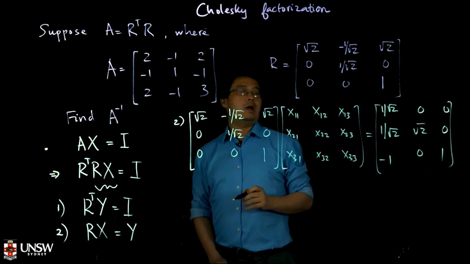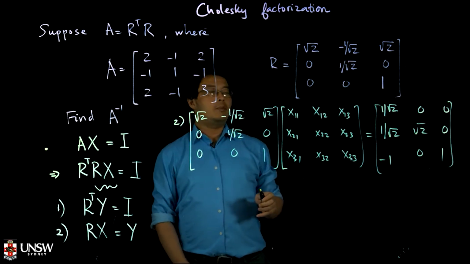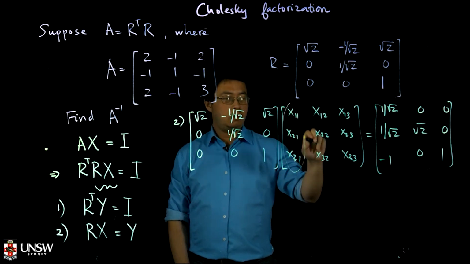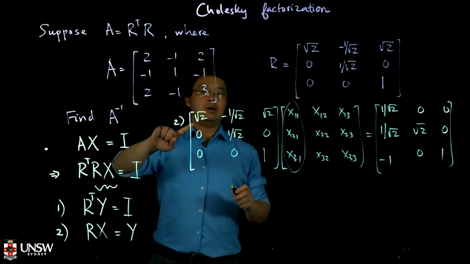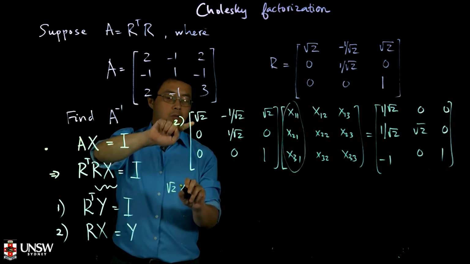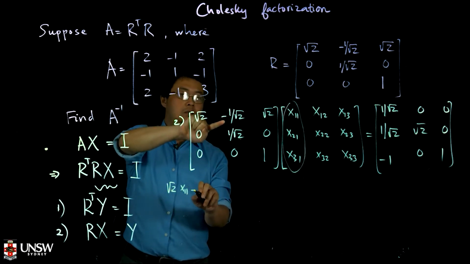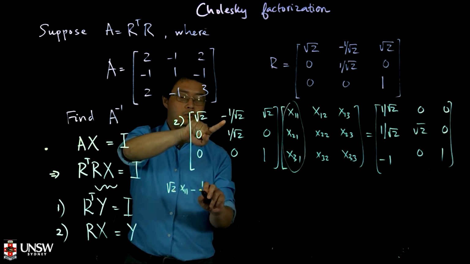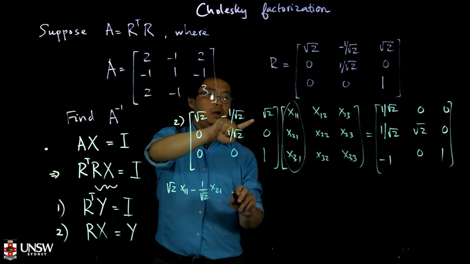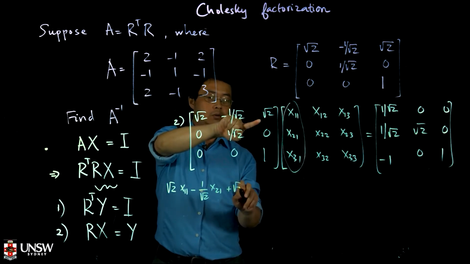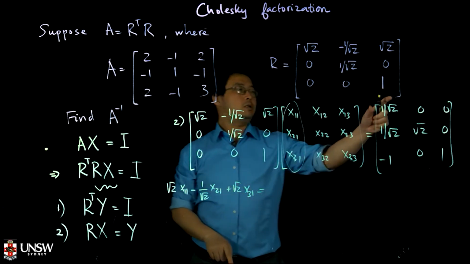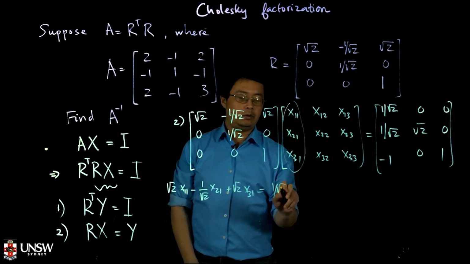As before, I'm not going to solve the whole thing at the same time, but I just take the first column and multiply it out. So I have root 2 times X11 minus 1 over root 2 X21 plus root 2 X31 equals the first entry here, 1 over root 2.